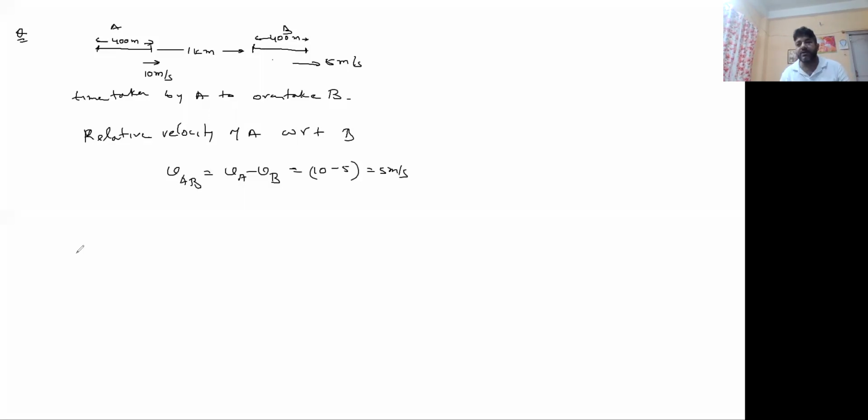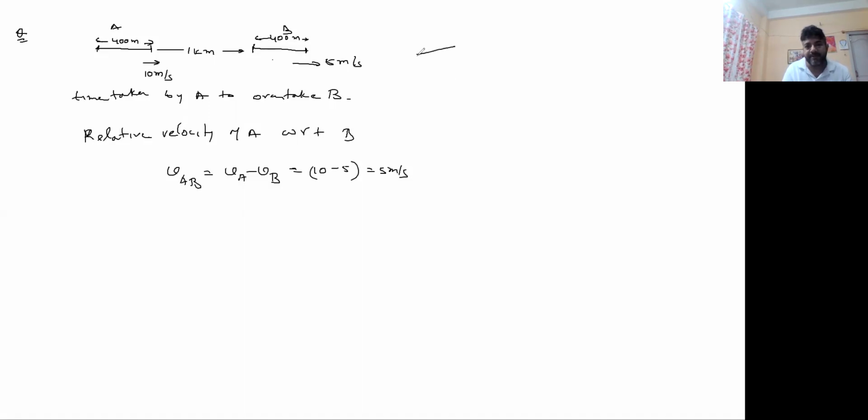Suppose these are the two pens, to understand. Both are 100 meter long and the gap is 1 kilometer. This is A, this is B. So how do they overtake? If the black pen travels 1 kilometer, is it overtaking? No. Then 1 kilometer and 100 meter, not overtaking yet.